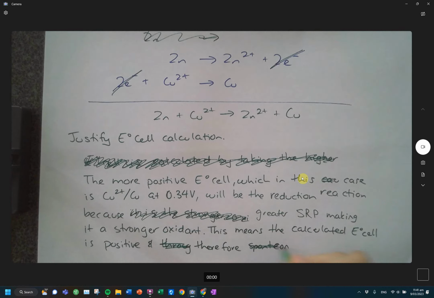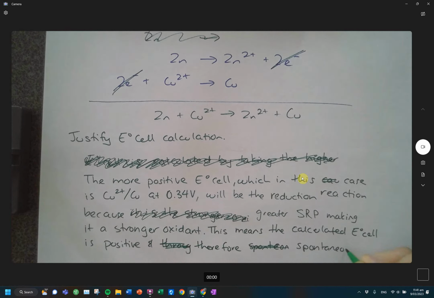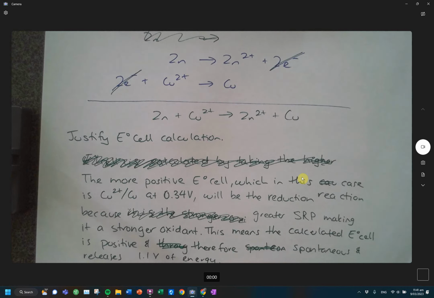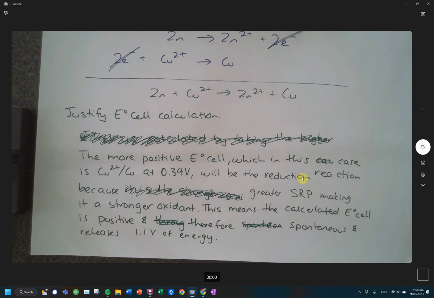I am not having a good day. And releases, if you want, 1.1 volts of energy. So we're justifying our E cell. Okay? And that's now an excellence level answer.